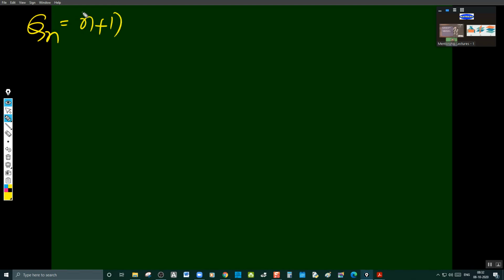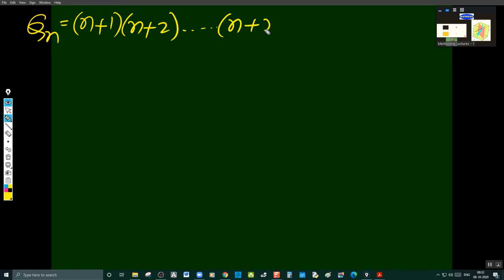It is the product of all the terms, n plus 1, n plus 2, and so on, n plus n, whole power 1 by n. This is Gn, please. That is the geometric mean. Now I'm taking n common in each term.